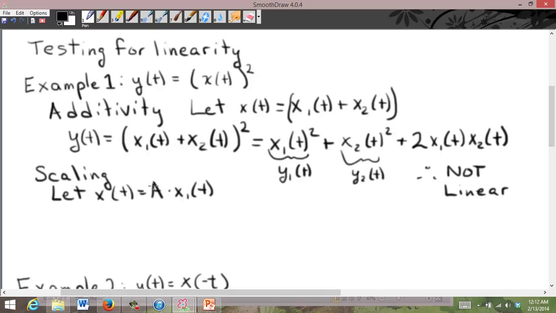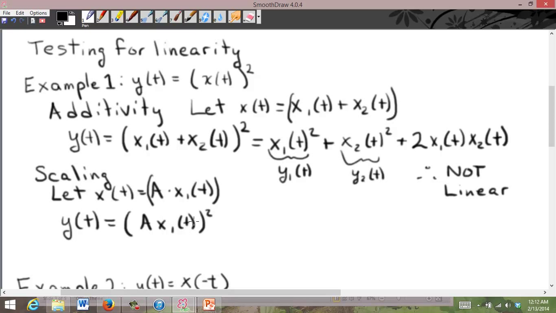When you put this a x1 of t in where you had x of t, you end up with y of t equal to a x1 of t quantity squared.